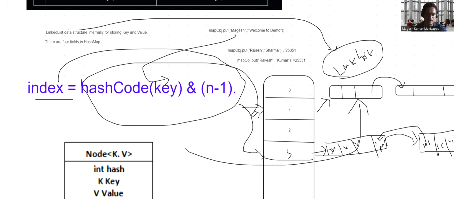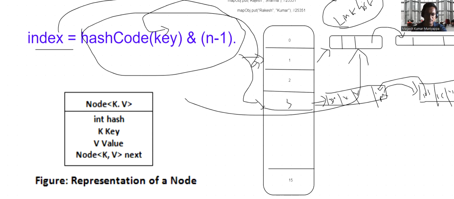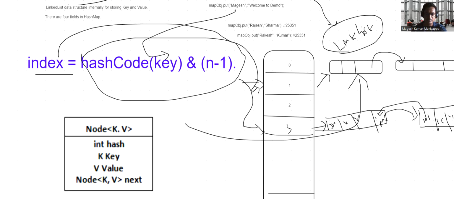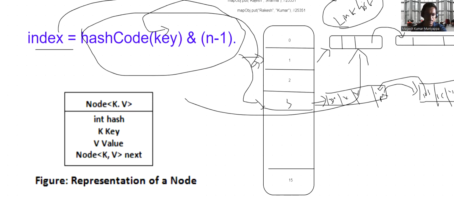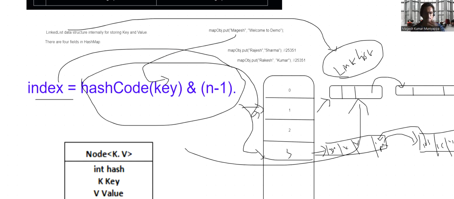By default, HashMap has 16 buckets. Each bucket is of linked list type and internally stores the key and value.